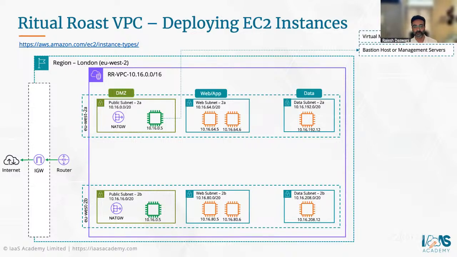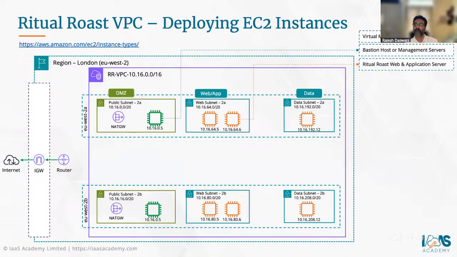Bastion hosts are basically hardened servers that are placed in the public subnet to allow you to remotely access them, from which you can then access resources in the backend in the private subnets. Now, you don't need to use this methodology. There's also something called AWS Session Manager that allows you to remotely connect to backend resources in the private subnets without having to use a bastion host. But bastion hosts are used as well.